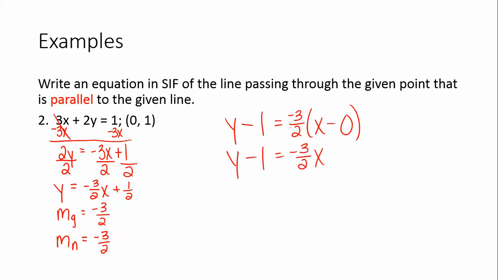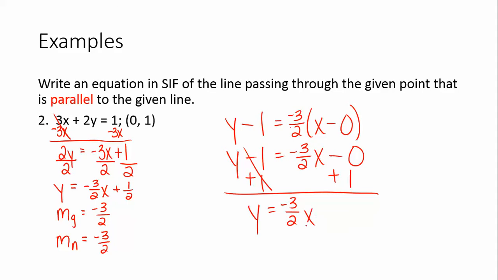Again, we get 0 back there. And if it's easier for you to write the 0 so that you can see what you're adding the 1 to, you can go ahead and do that. So we get y equals negative 3/2 x plus 1. So this is the equation of the line that's parallel to the line we were given and goes through the point (0, 1).